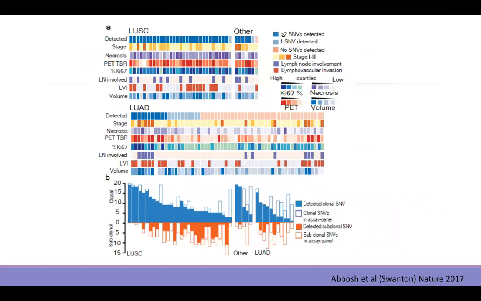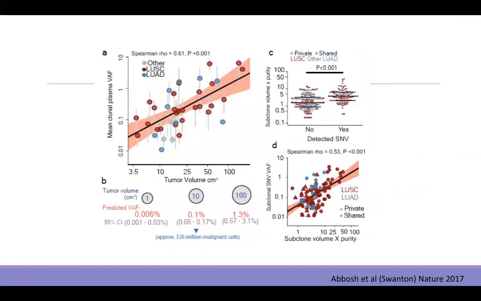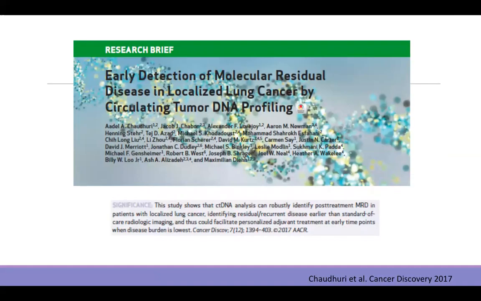And they correlate with stage, necrosis, volume, and so forth. And then you look at the left side upper graph and say, wow, as the tumor volume gets larger, the mean clonal plasma variant allele frequency goes up. And these are a linear trend.